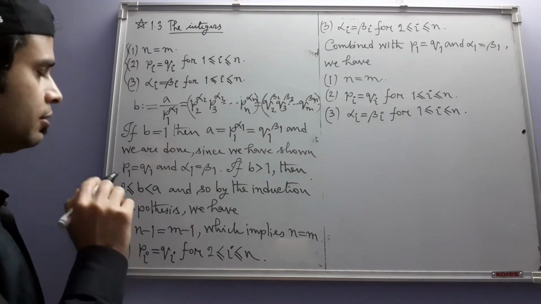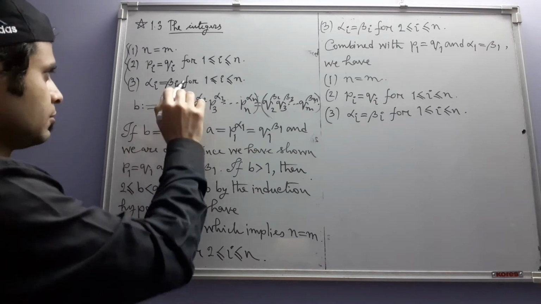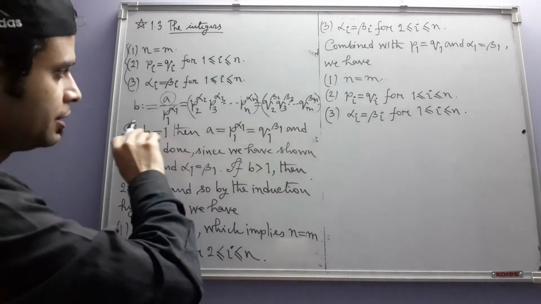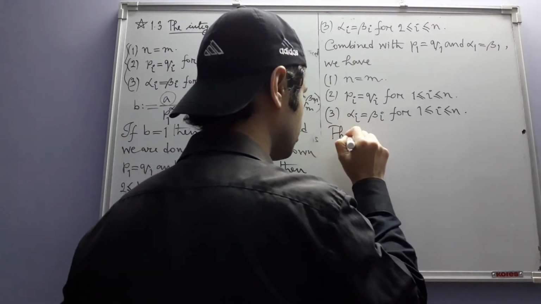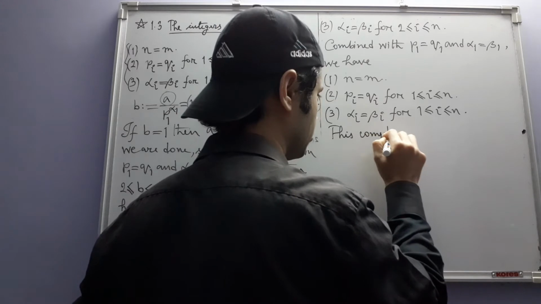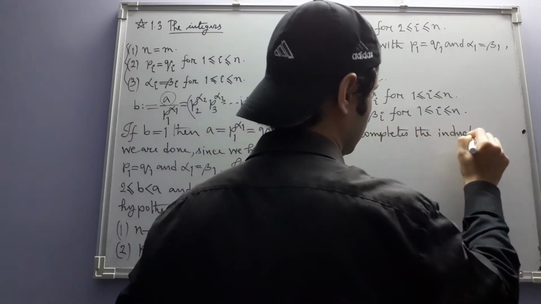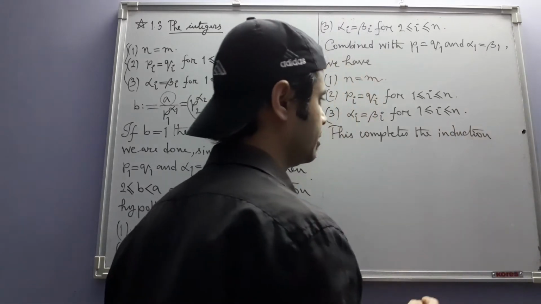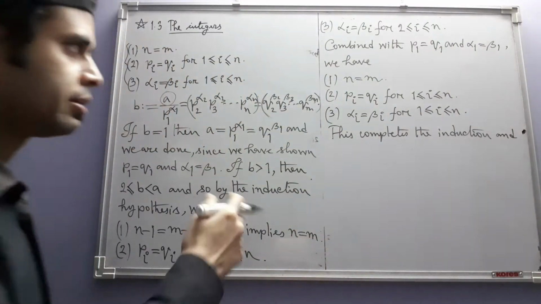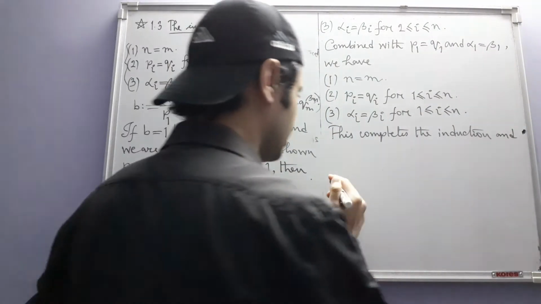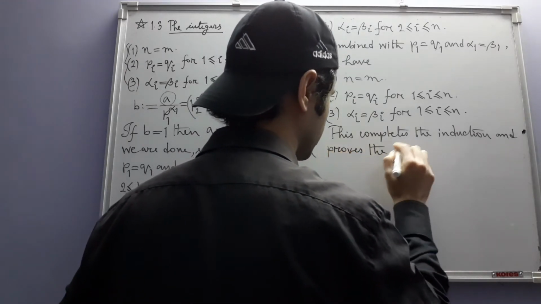This shows that the representation of A as a product of primes in this way is unique. Okay, so this completes the induction, the current induction, the second induction, and shows that the representation of A is unique, and hence it proves the theorem.